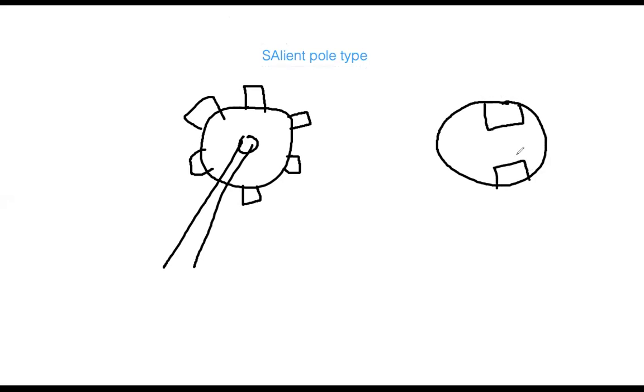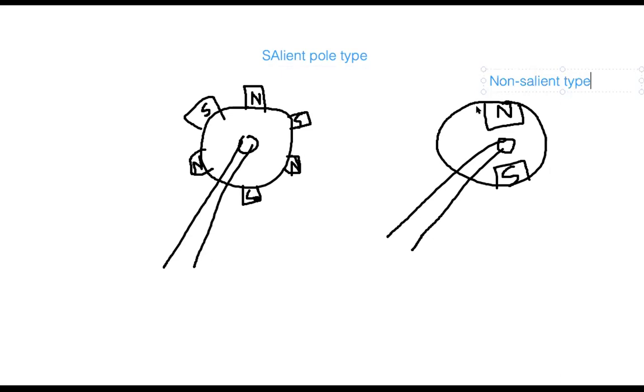For example, in this case, this is North Pole, South Pole. I just drew only 2. In this case, there are many, for example North, South, North, South, North, South. There can be even much more. And this structure is the non-salient type pole.